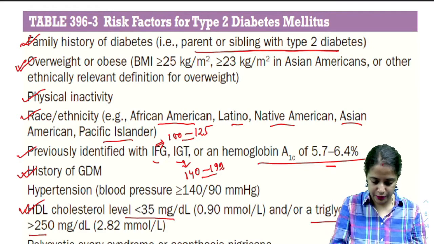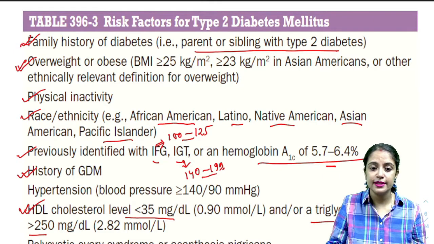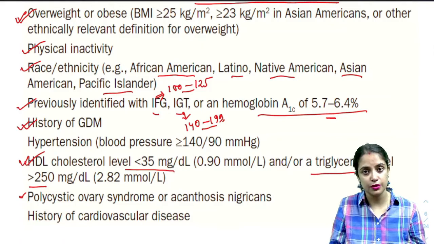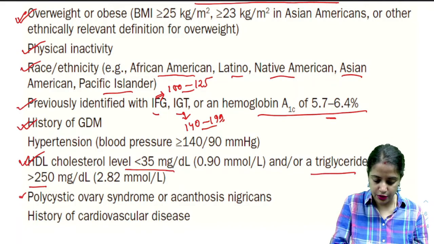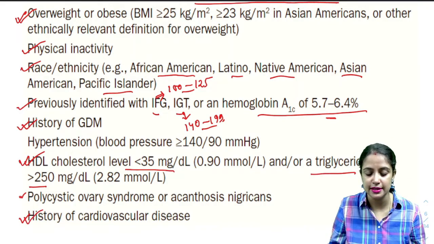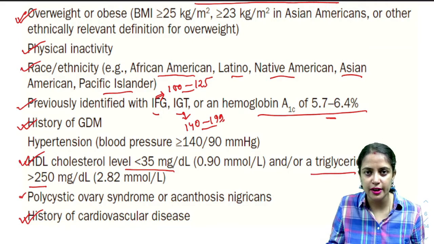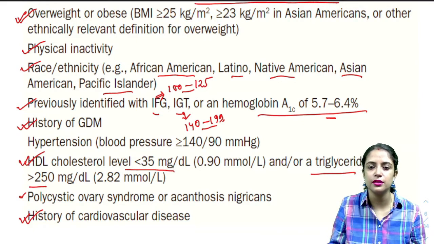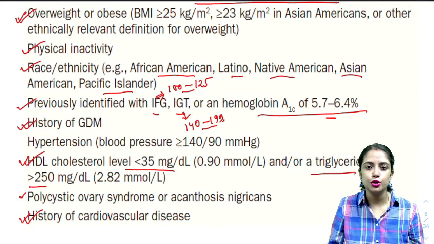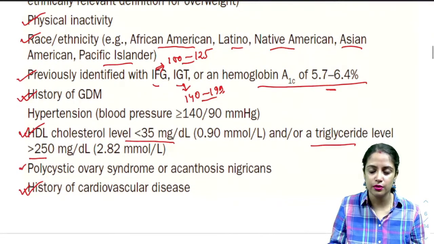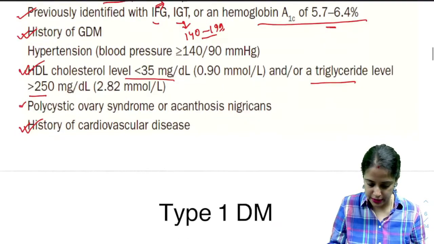Polycystic ovarian syndrome or acanthosis nigricans, and history of cardiovascular disease are also risk factors. So these are the important modifiable and non-modifiable risk factors which we all should know about, so that we can do something to reduce the risk of developing diabetes.